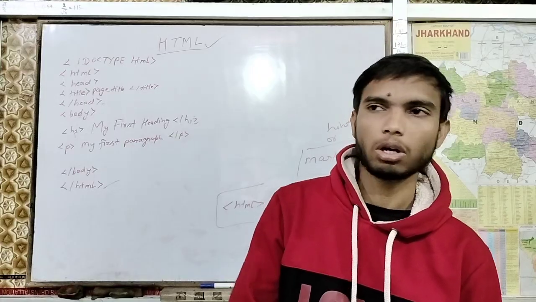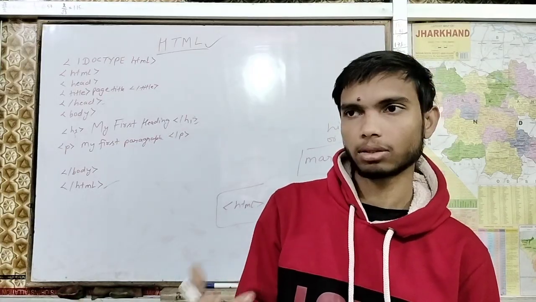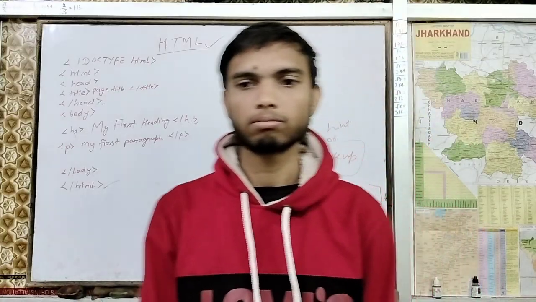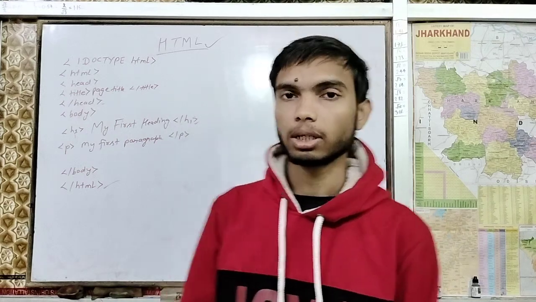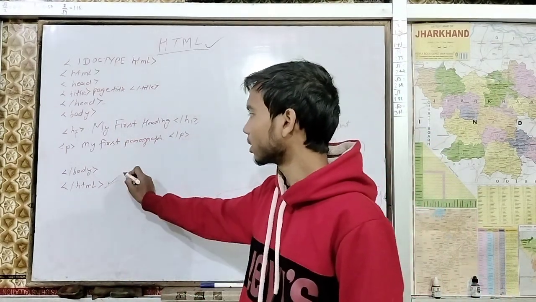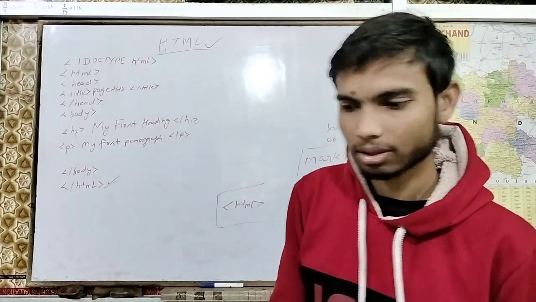So of course, open tag, then slash, then body, then close tag. Clear? Now next we have HTML. I think here is complete. HTML body, then HTML tag. Till here, this completes our HTML document.